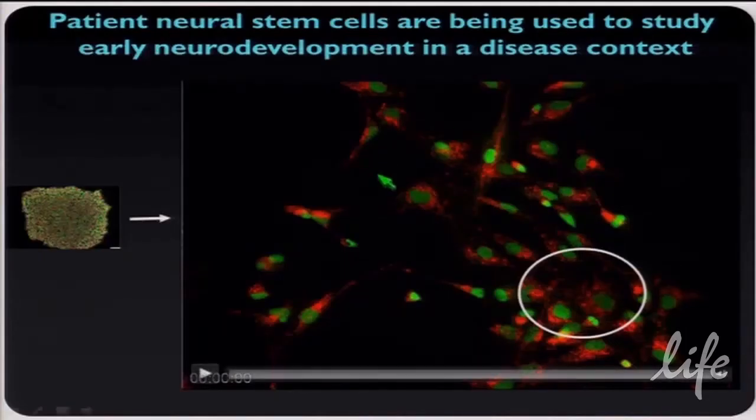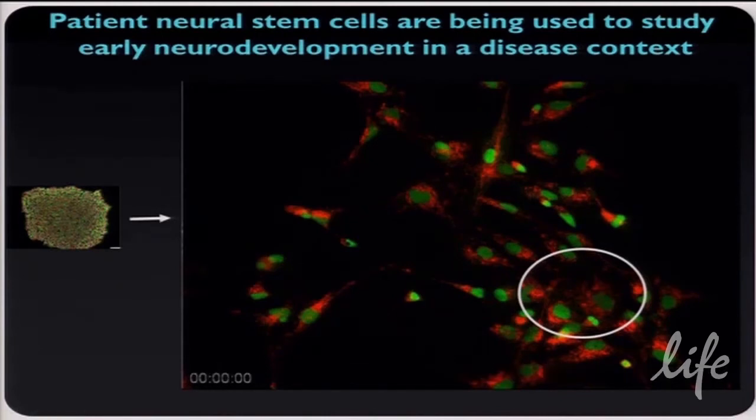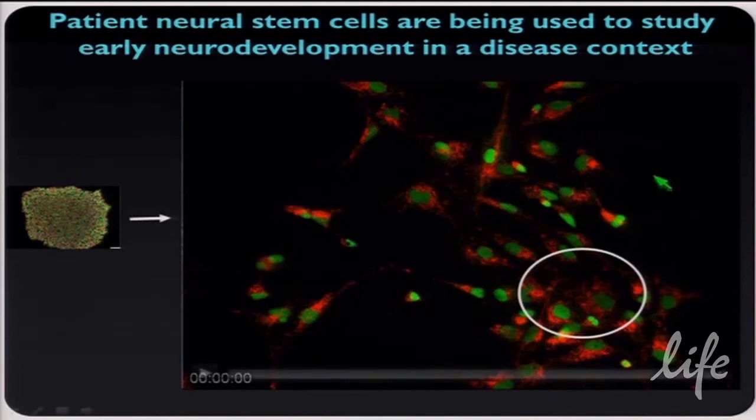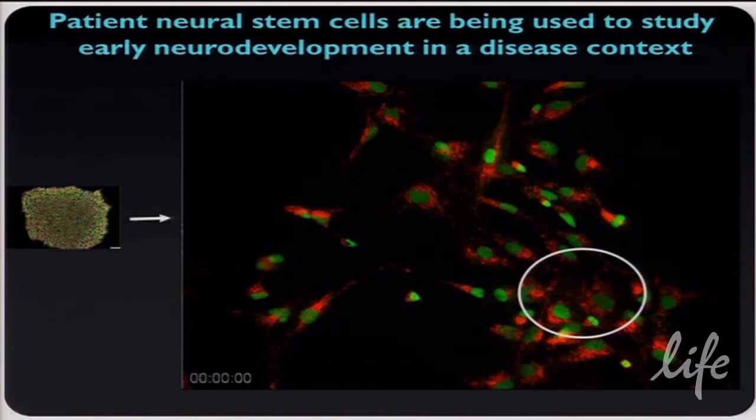So in the core, then after we make these cells, then we pass it on to researchers or in my lab. And so I'm specifically interested in studying patient neural stem cells to look at the early neurodevelopment in a very disease context of certain mutations, for example, NF1 and RAS.